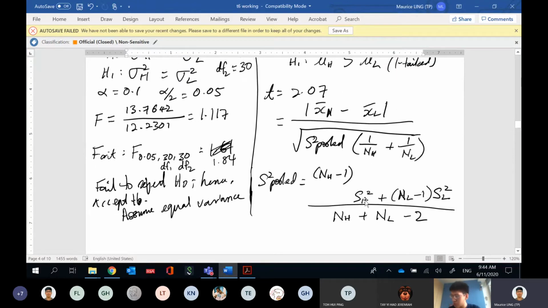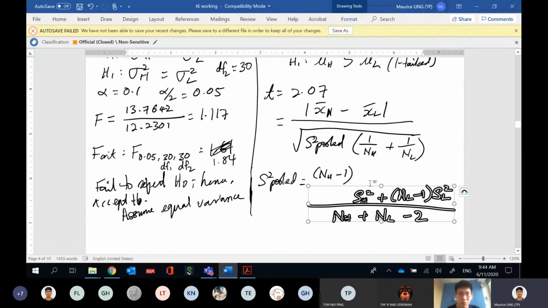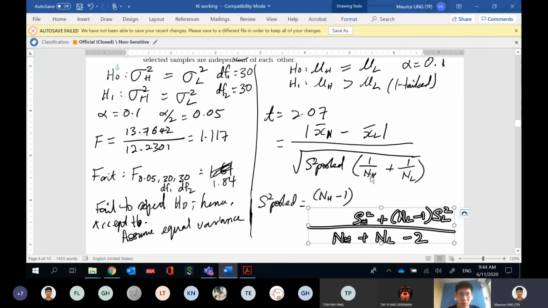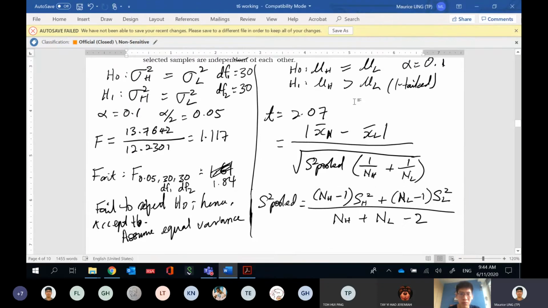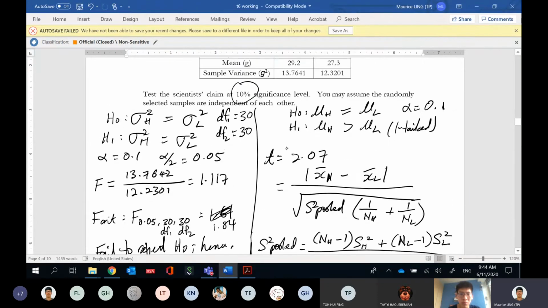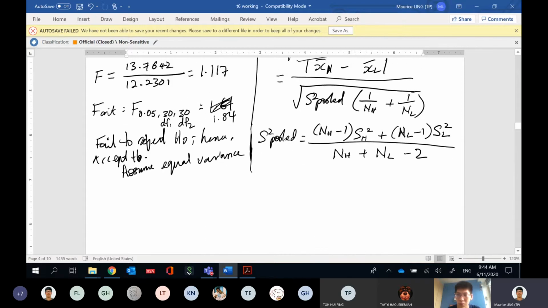Okay, so let's see. So you put all the numbers in correctly, you should get 2.07. That's fine.